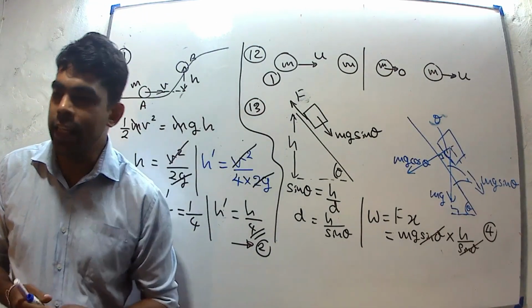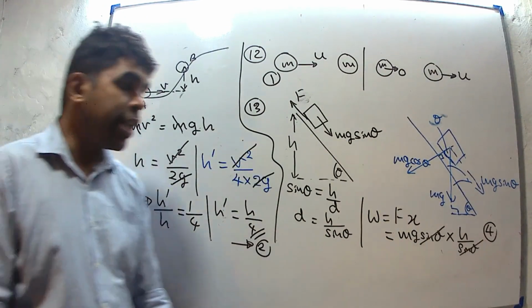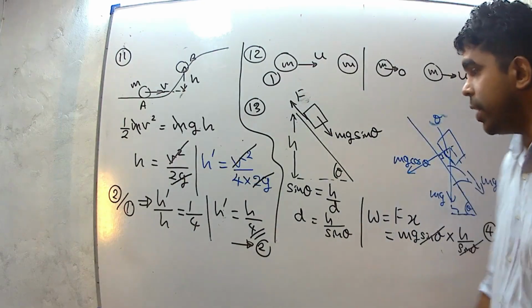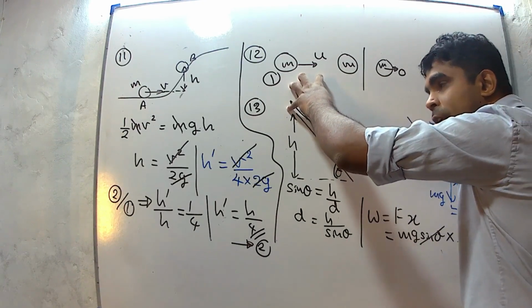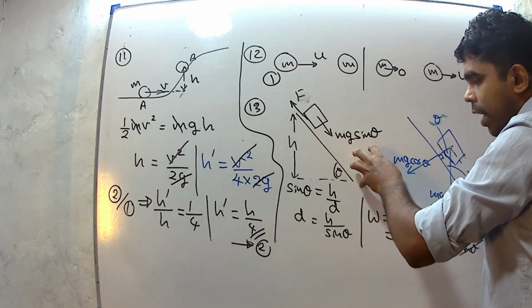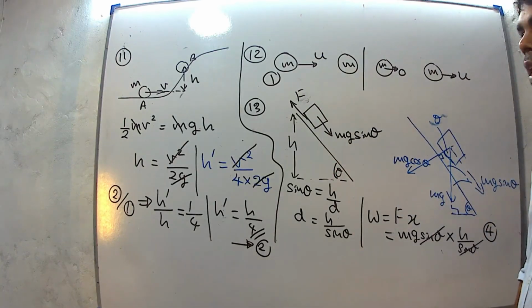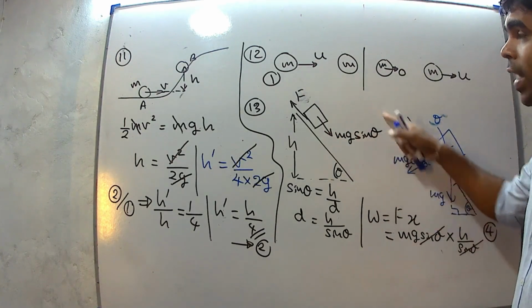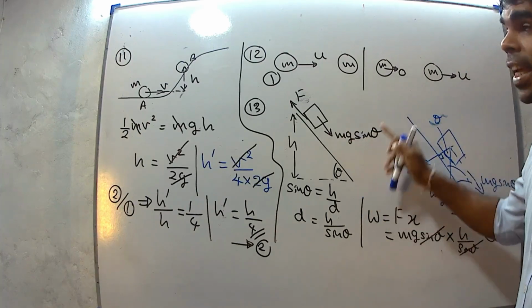Or we can get this by considering conservation of energy. The potential energy at this point should be equal to the loss of energy due to friction, because there is no increase or decrease of kinetic energy.